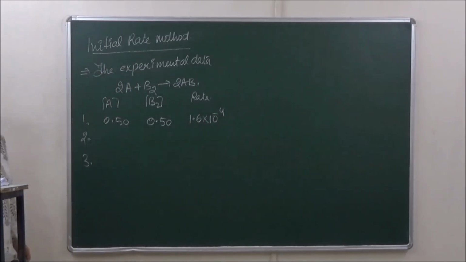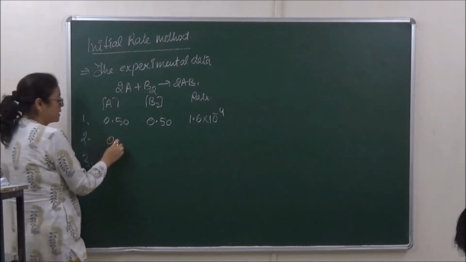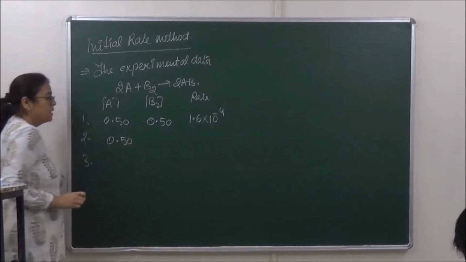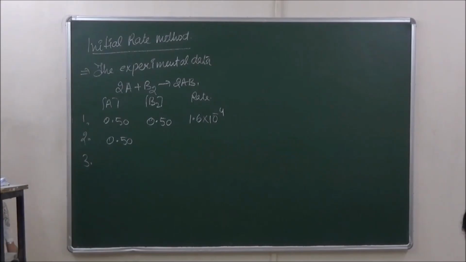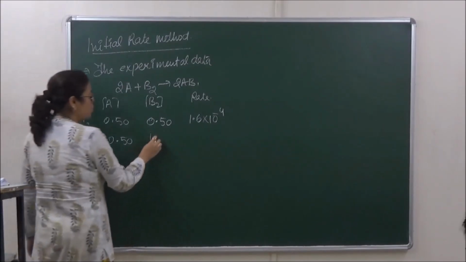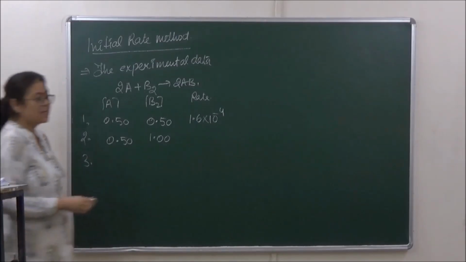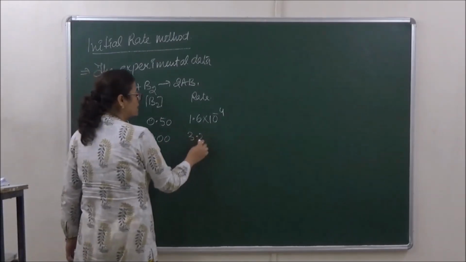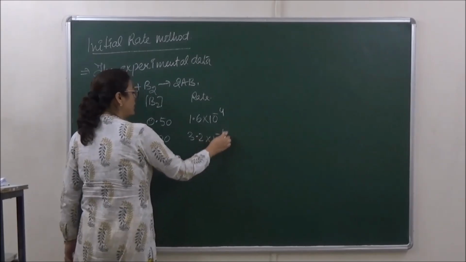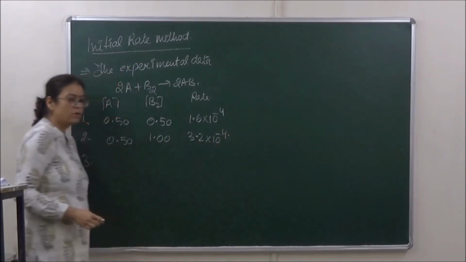Okay, then when A is equal to 0.50 and B is equal to 1.00, in that case the rate of the reaction given to us is 3.2 into 10 raised to power minus 4.